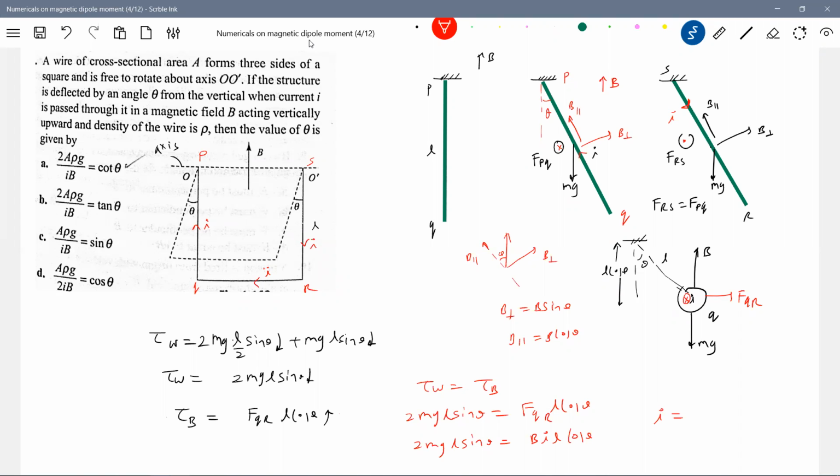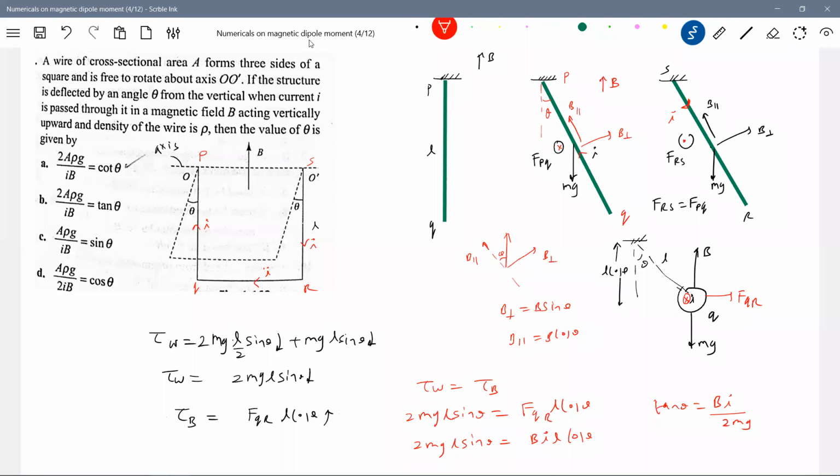So finally, expression for I is equal to 2 mg tan theta by B. The value of theta is asked, so tan theta equal to BI by 2 mg.